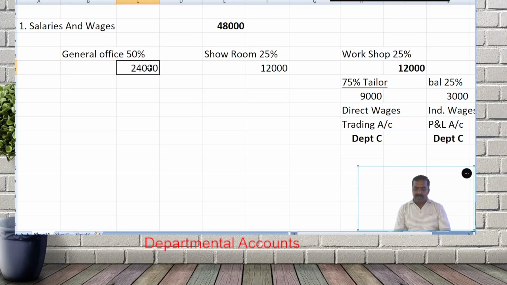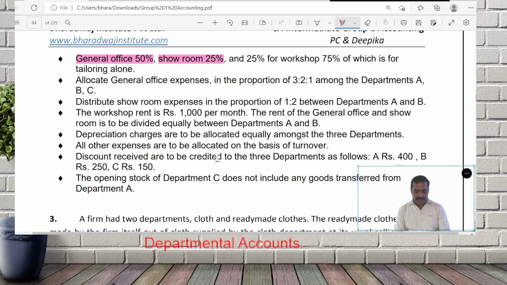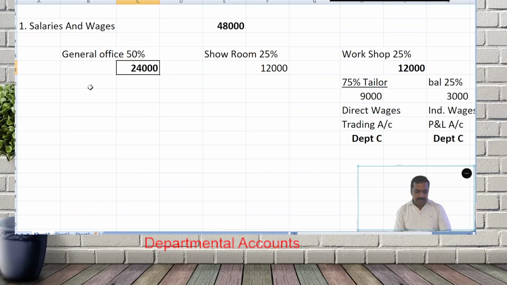General office wages எவ்வளவு இருக்கு? 24,000. Look at the adjustment. Allocate the general office expenses. பாருங்க, next bullet point. Allocate the general office expenses in the proportion of 3:2:1. So this has to be allocated amongst department A, B, C. In which ratio? 3:2:1.